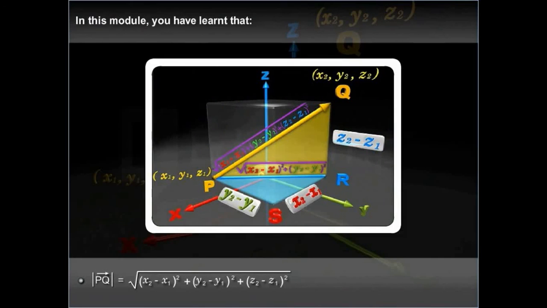The magnitude of vector PQ is given by the square root of (x2 minus x1) whole square plus (y2 minus y1) whole square plus (z2 minus z1) whole square.